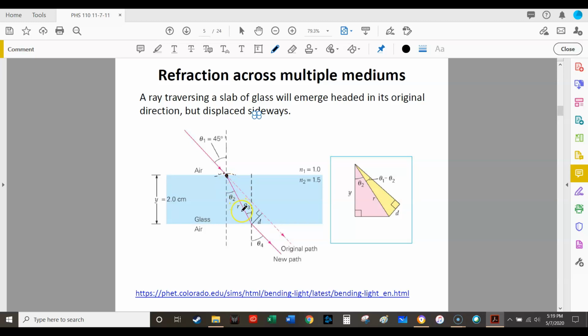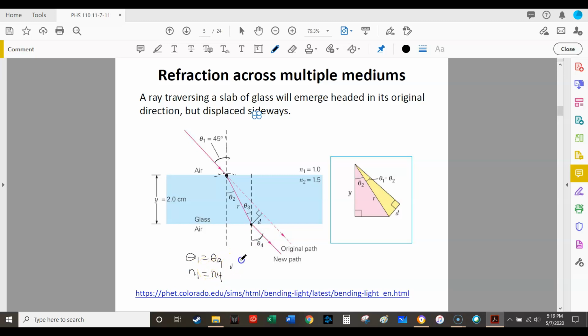And now, when it gets to here, it's going to hit another interface for air, and now it's going to bend back to its original angle, right? And so what you find out is that if theta 1 is equal to theta 4, this angle right here is equal to this angle here, that has to be because n1 is equal to n4, right?